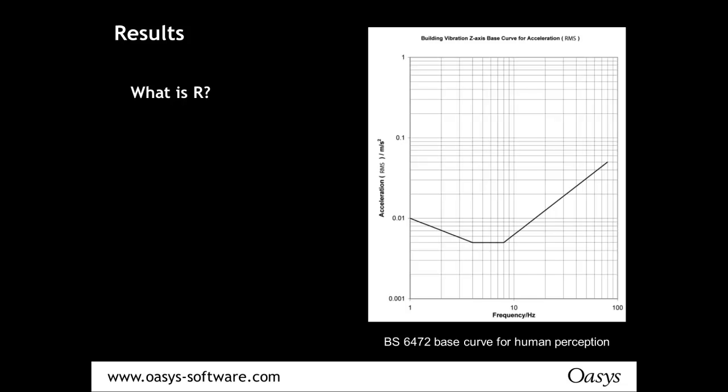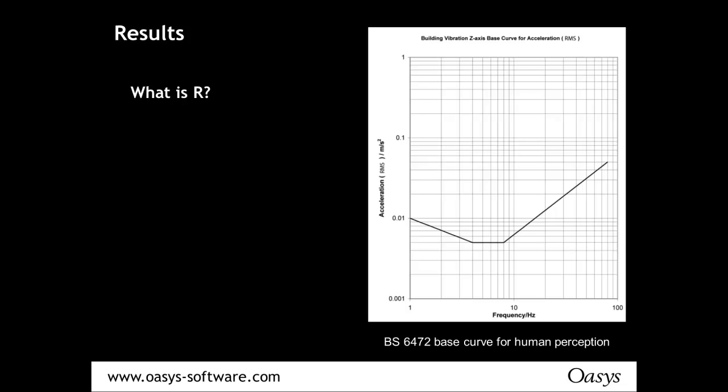Above, they are perceptible. And the response value essentially is a multiplier on those values. And you note that the acceleration varies depending on the frequency. Unfortunately, most building structures tend to resonate in this 4 to 8 hertz range, which is the frequencies where we are most aware of vibrations.